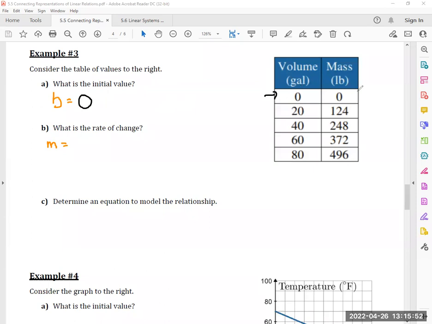Bam, right here. When x is 0, my y is 0. But be careful about the rate of change. Before I even tell you what the answer is, I want you to catch it. Most of you might have gotten it right. Some of you, guaranteed, this class is not doing it perfectly. Remember that the rate of change is a change in y over the change in x.